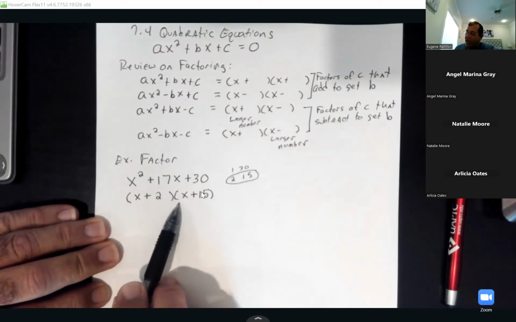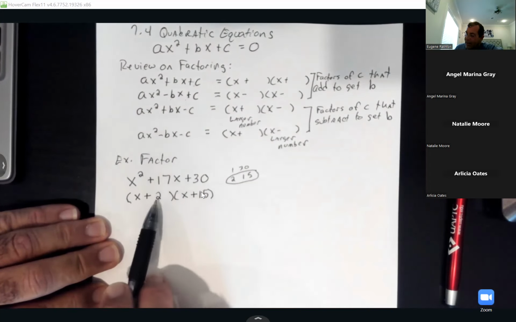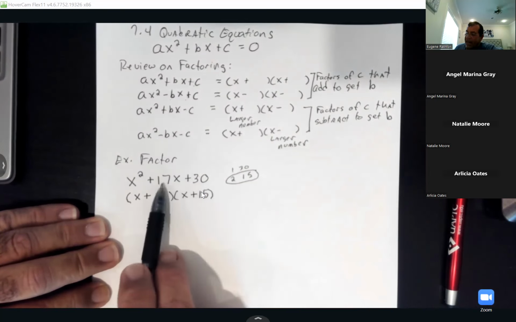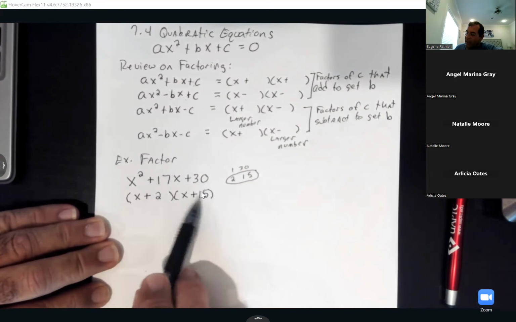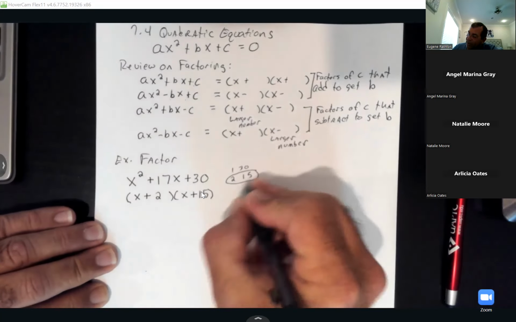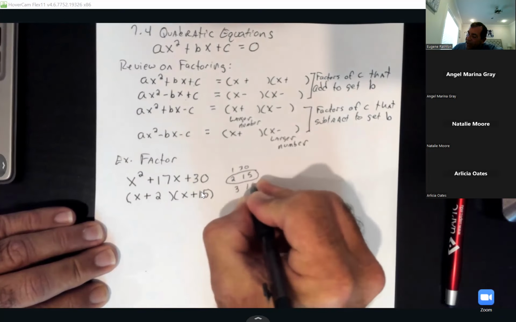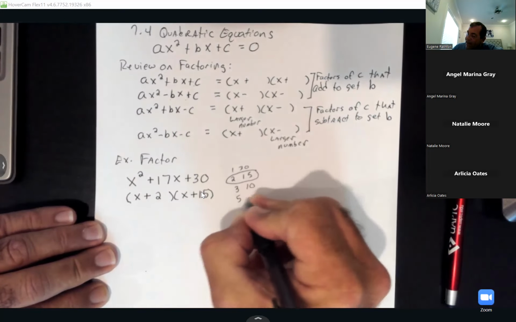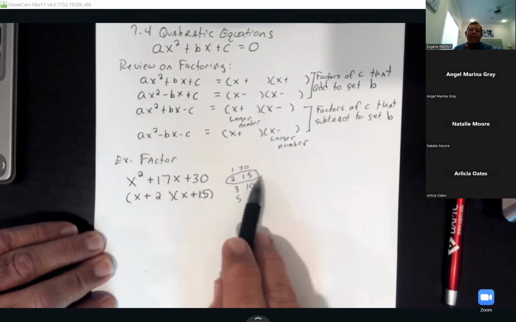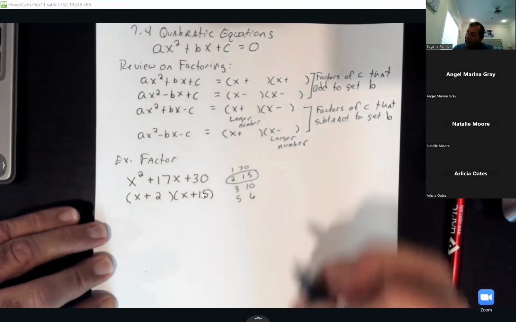So the 15x and 2x would get to 17, and then the 2 times 15 equal 30. So these two numbers got to add to get your middle, but then the two numbers got to multiply to get that last number. And y'all, if 2 and 15 wouldn't have worked, I'd have did 3 and 10, and then finally what, 5 and 6. So that's all the factors of 30, but the only ones that added to get 17 were the 2 and 15.